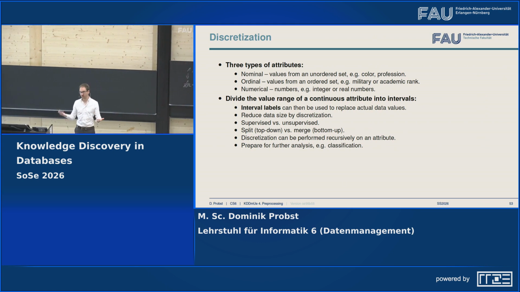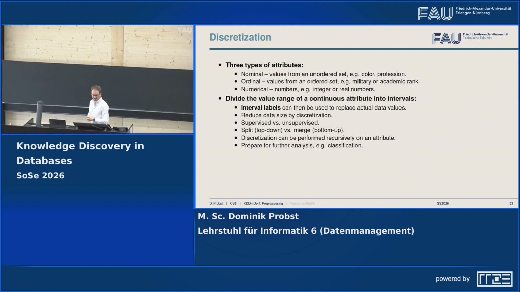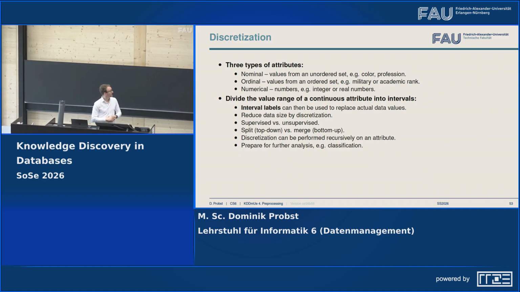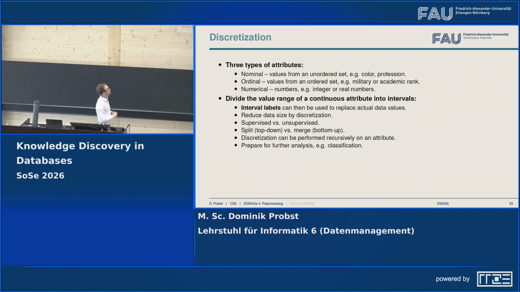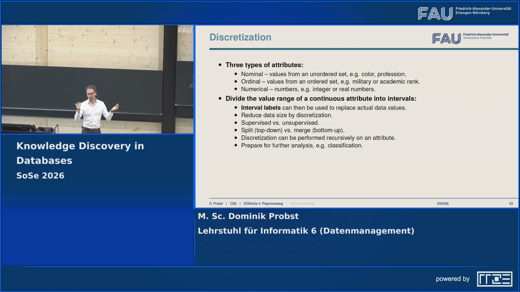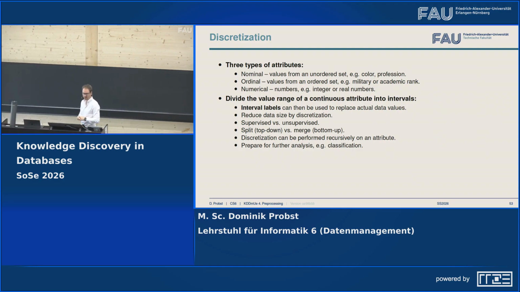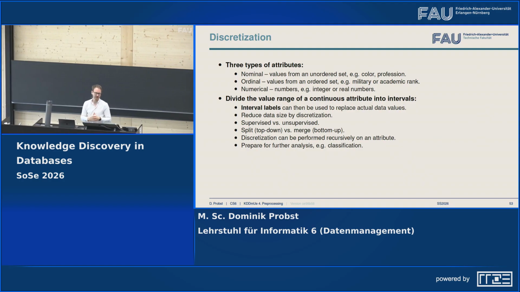It might also include errors, but noise can be reduced. If you are doing that, you put a continuous attribute into different buckets, more or less. And each of these buckets gets a label, an interval label, which is replacing the actual data value.